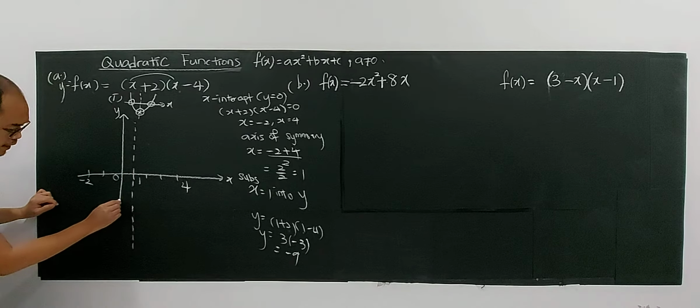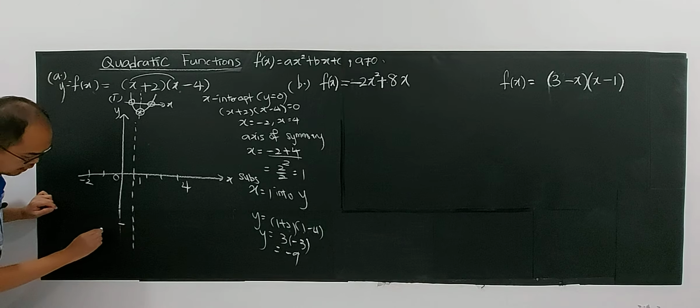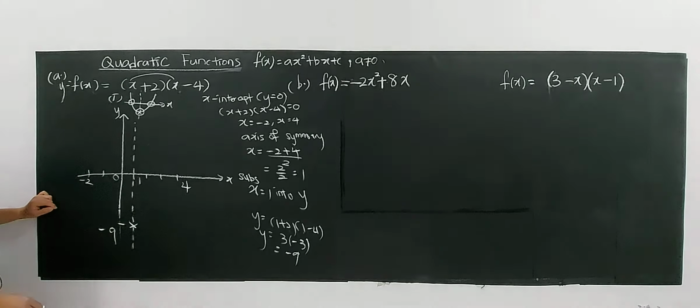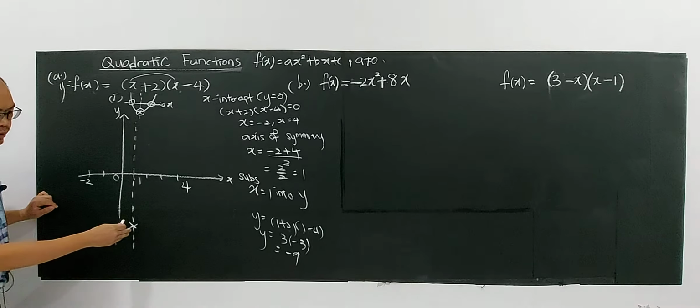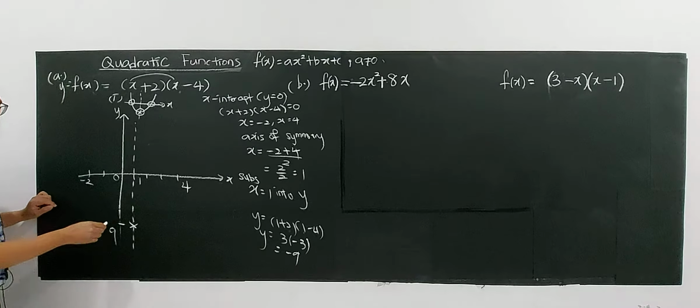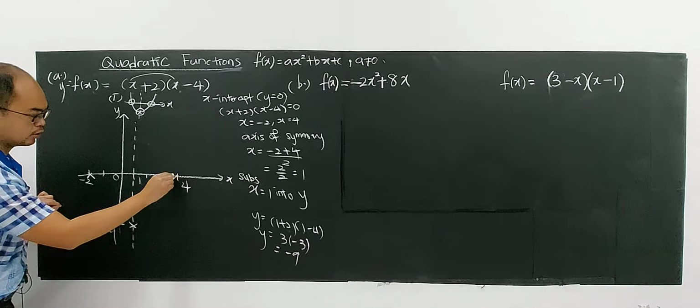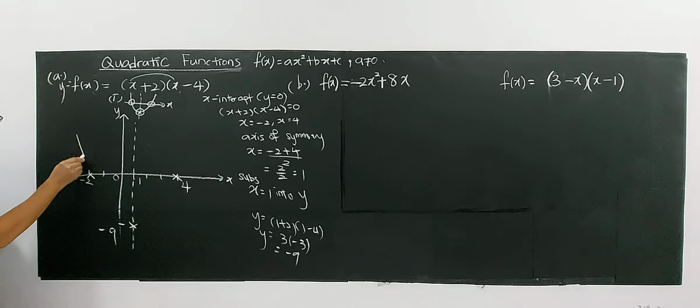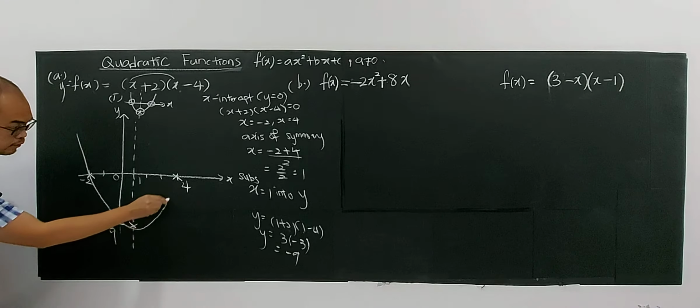At -9, just draw here, there is a minimum point at (1, -9). Since you know the x-intercepts, you just sketch. The graph will look this way.